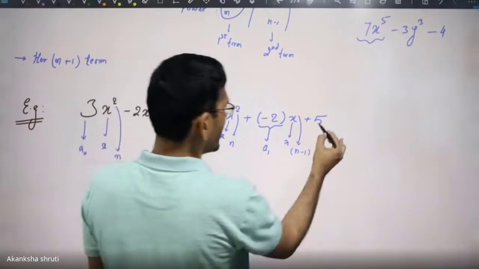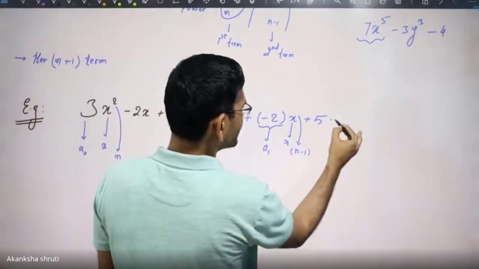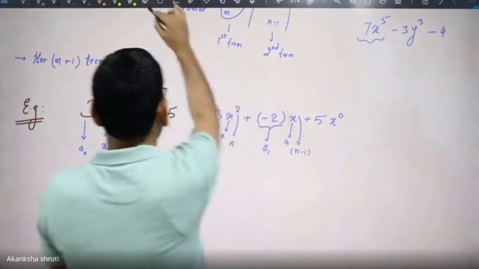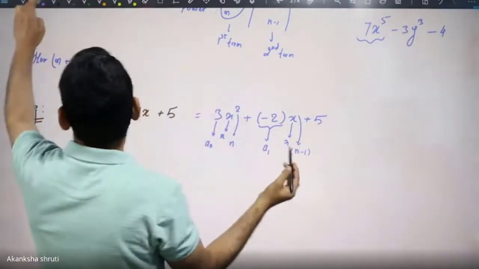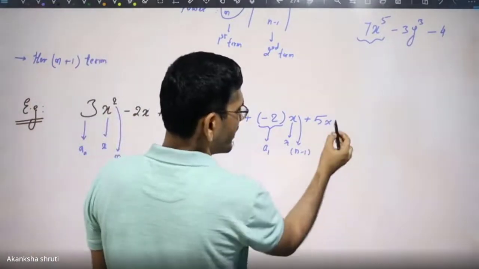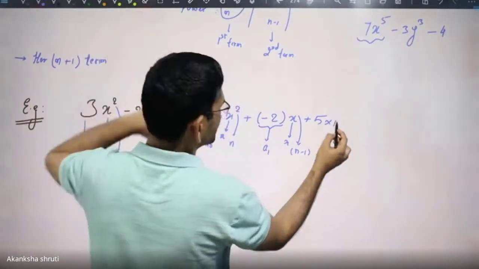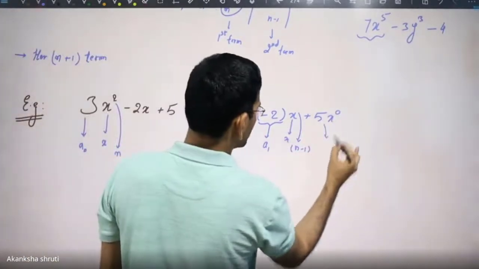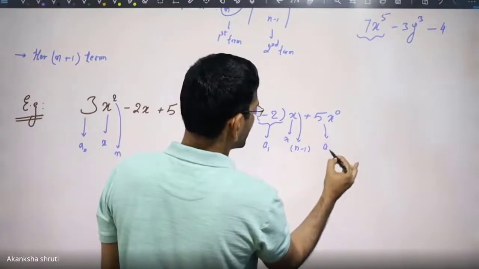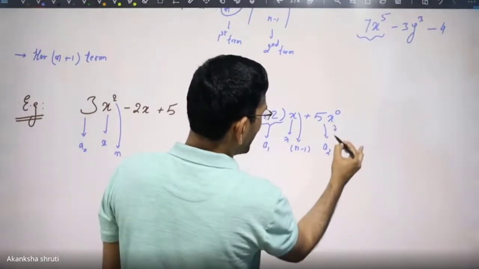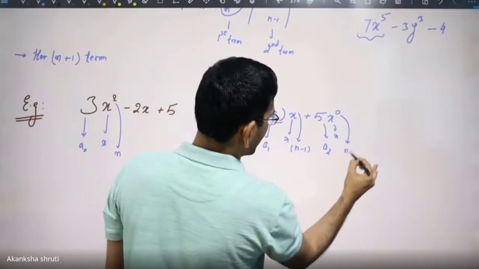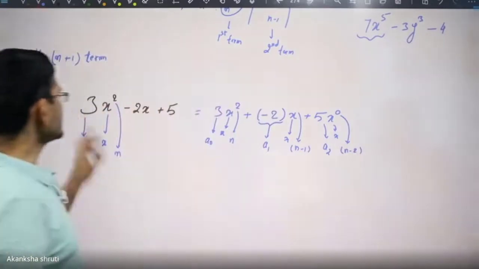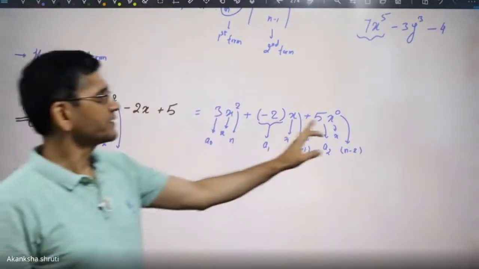Student, again, what is this 5? 5 can be understood as 5 into x to the power 0. Means it is basically 5 into 1. But 1 is the same as x to the power 0. So this can be written as 5 into x to the power 0. So this is like our a2, the same x, and this is like our n minus 2. So we are getting that this satisfies the definition.